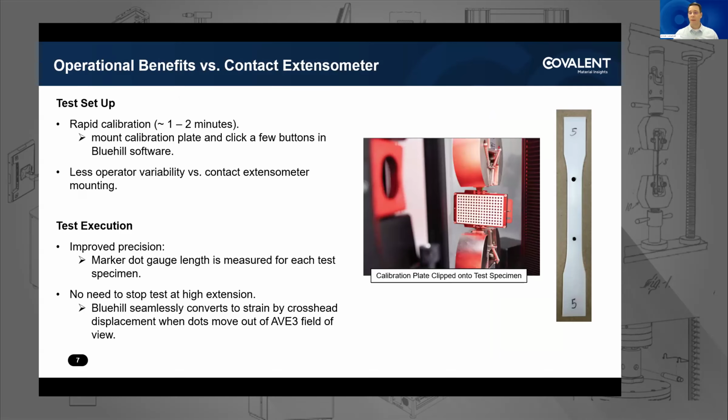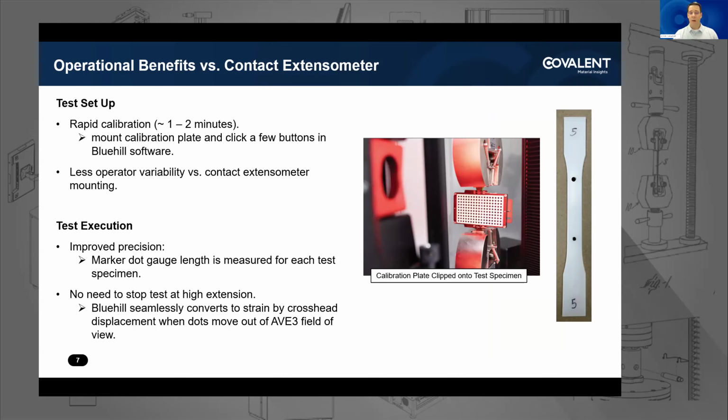For a lab like us, an obvious option in the past would have been contact extensometry, because we do have quite a range of different sample sizes and geometries. So this slide just talks about what are the operational benefits that we see of the AVE3 as compared to that approach of a contact extensometer.